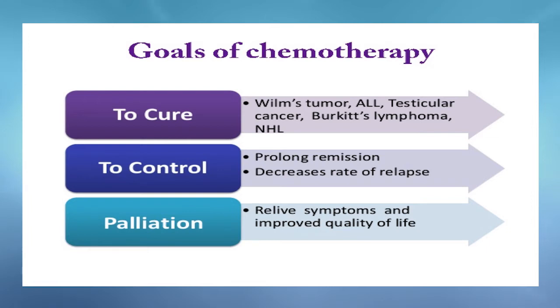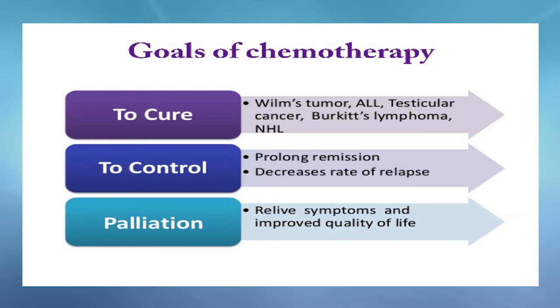Second, to control: prolonged remission, reduce local relapse. Examples are rectal cancer and breast cancer, as we mentioned before. Or sometimes to palliate symptoms if the disease is beyond control and has metastasized to different organs.